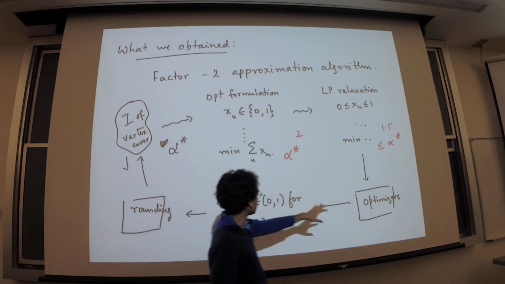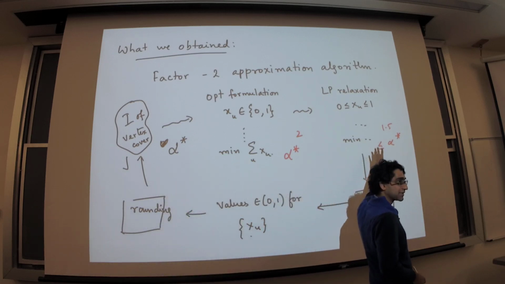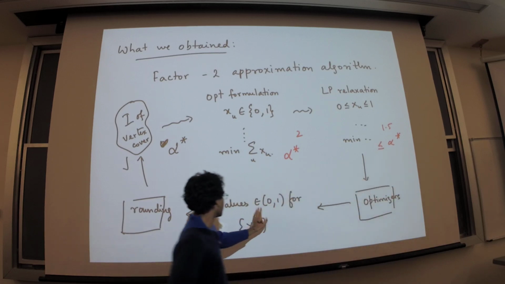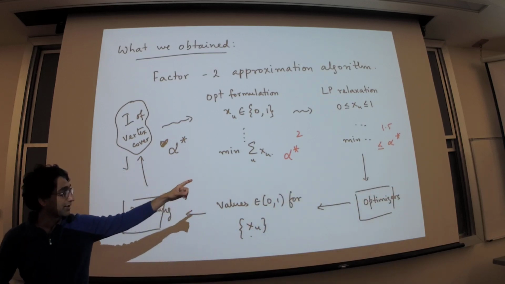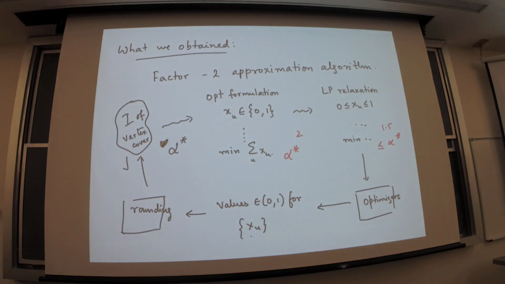So let me call this beta star, which is the actual value, and this is less than or equal to alpha star. Yeah, beta star is 1.5. And this solution has value that is equal to beta star.